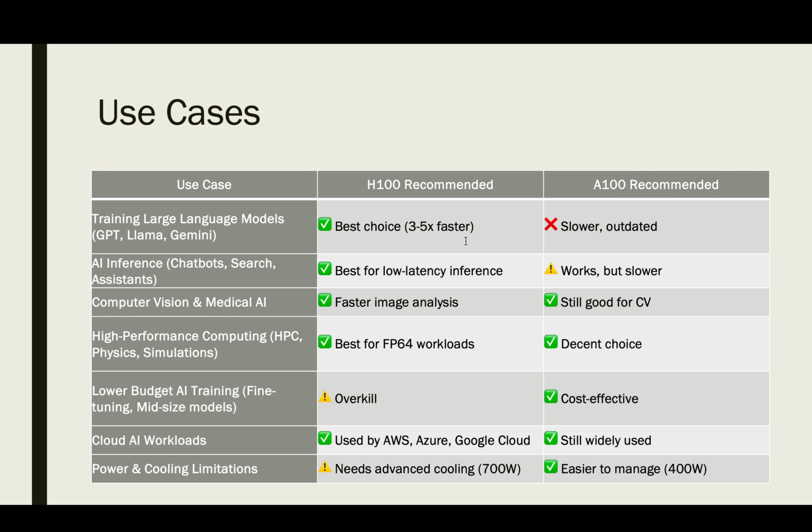Then comes faster multi GPU scaling with NVLink 4.0. For lower budget AI training, fine tuning, and mid size models, H100 is overkill, but A100 is effective.